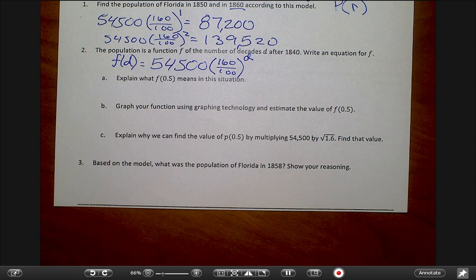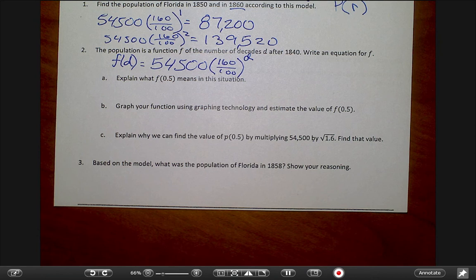So, question for you, George. If d represents decades, George, what does 0.5 mean? What's f of 0.5?